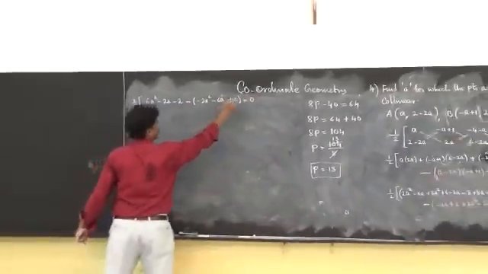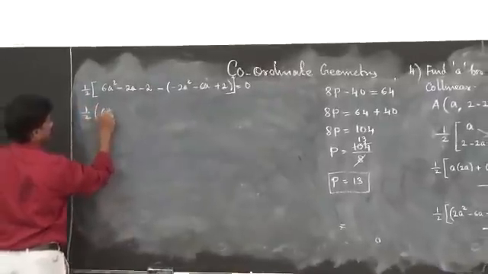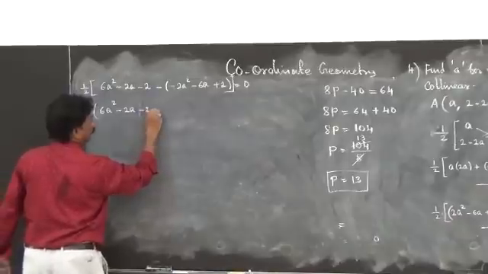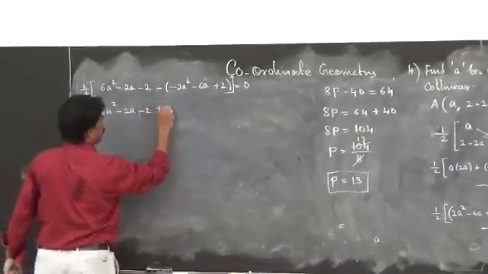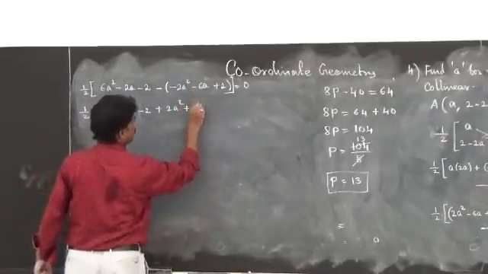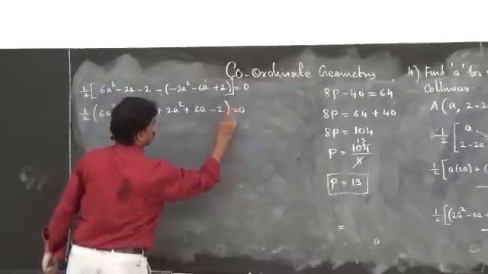Now remove the bracket. In the second one, if we remove the bracket, 1 by 2, 6a square minus 2a minus 2, minus and minus become plus, plus 2a square, minus and minus become plus 6a, minus and plus becomes minus, is equal to 0.